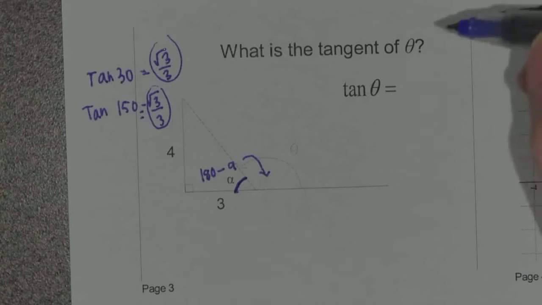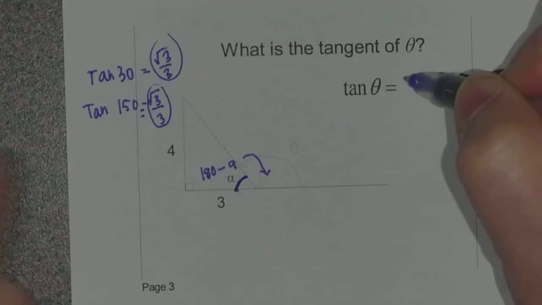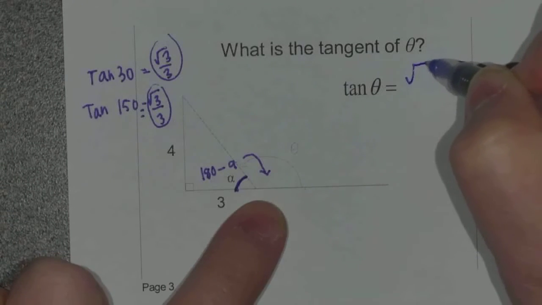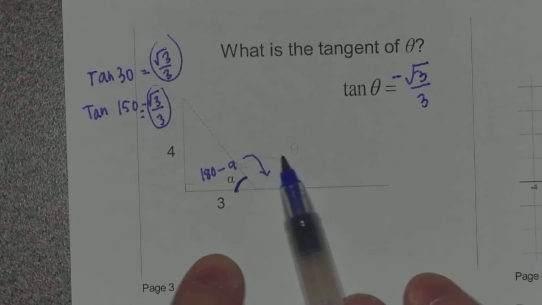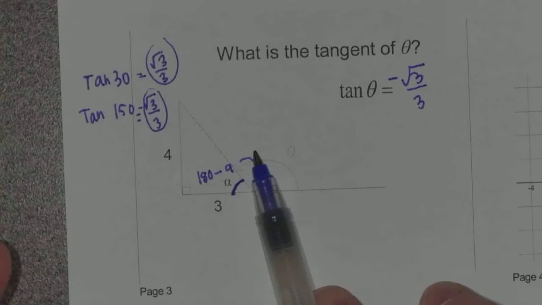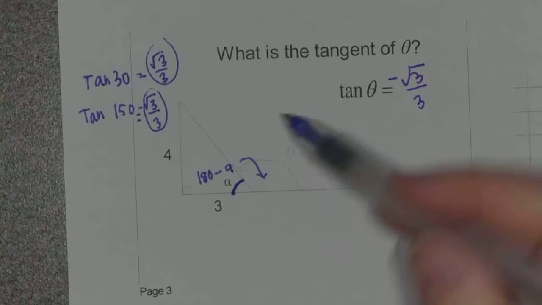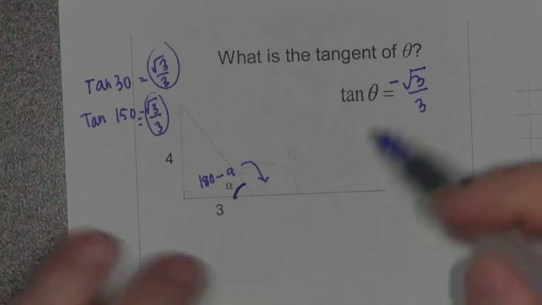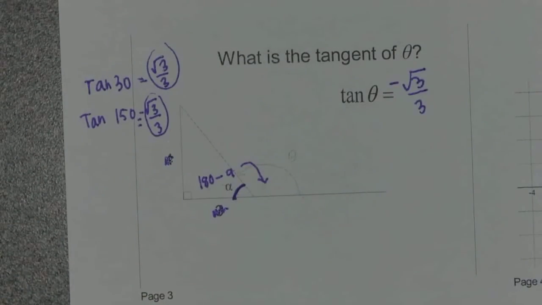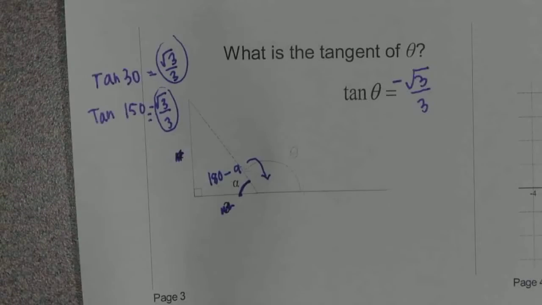I'm going to show you how to decide what sign to put on. But anyways, the tangent of that angle would be the square root of 3 over 3 with the negative sign in front of it. I just made up my angles and went with that. I didn't use the numbers 4 and 3, and I should have to show you how that works.